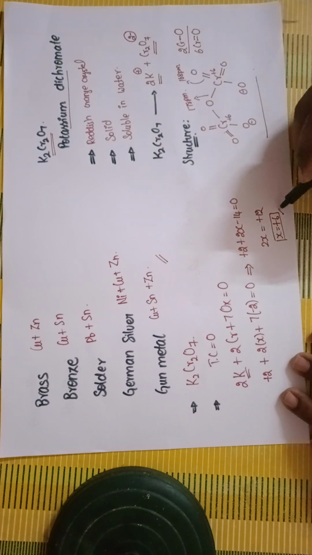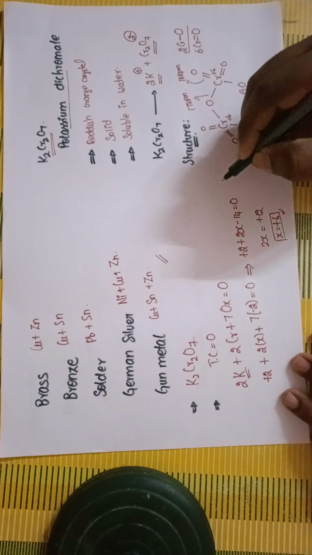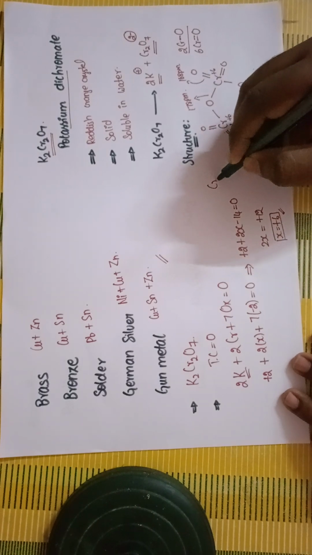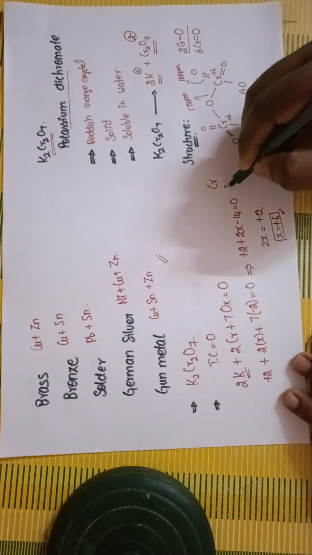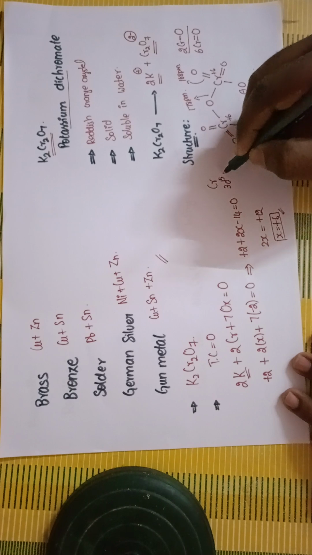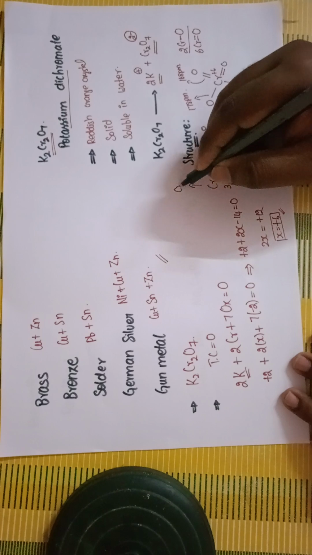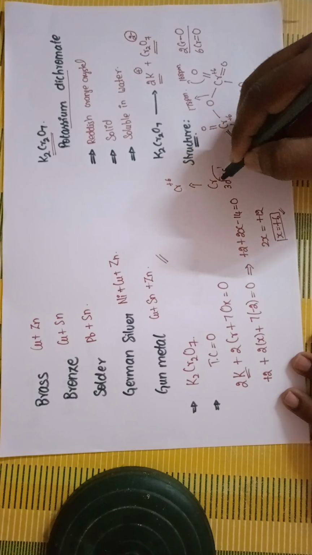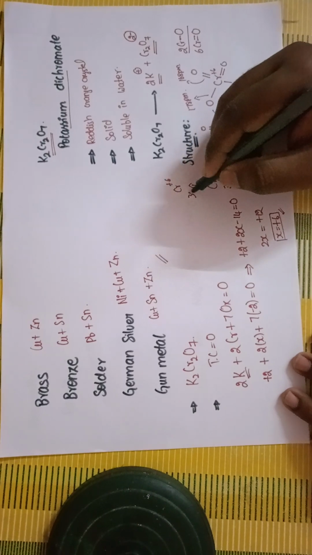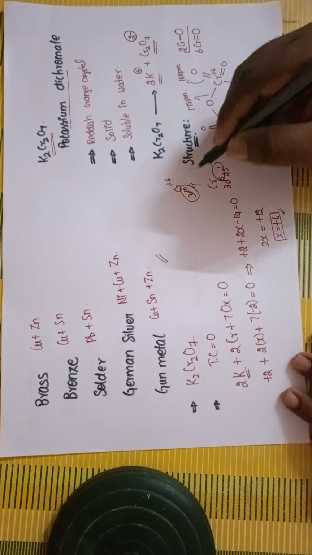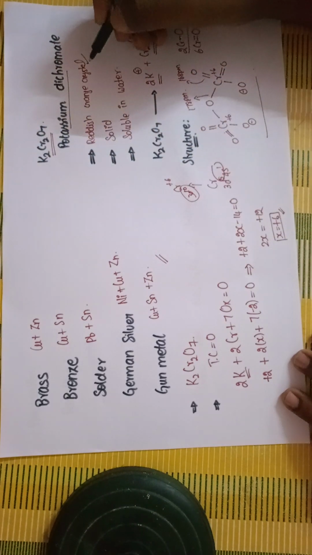If chromium exhibits the plus 6 oxidation state, the configuration 3d5 4s1 means it loses all 6 electrons from the valence shell. So here the configuration is 3d0. 3d0 means it should be colorless, but it is bright reddish orange.